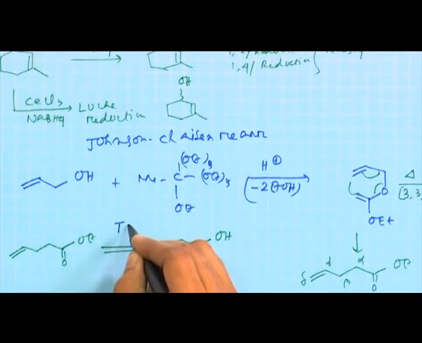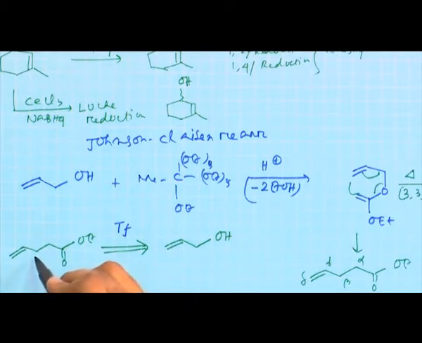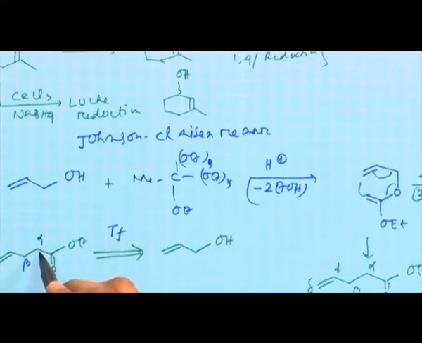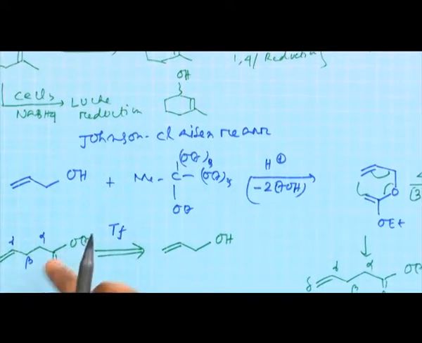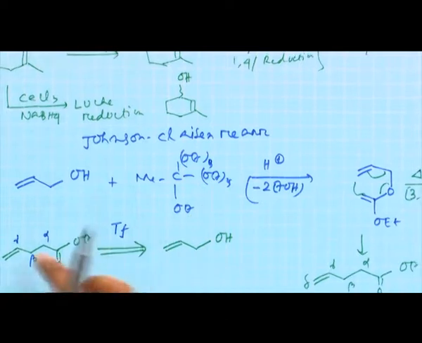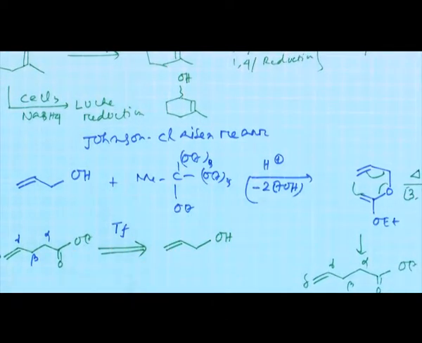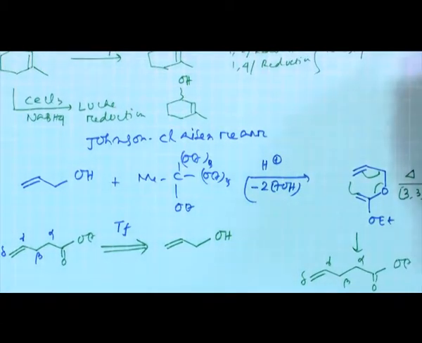You need to have this information: alpha means alpha to the carbonyl, then beta, then gamma, delta. So, it is a gamma, delta unsaturated carbonyl compound, and this is a very important transformation. We will figure it out throughout our course, and you will find it a very interesting reaction.